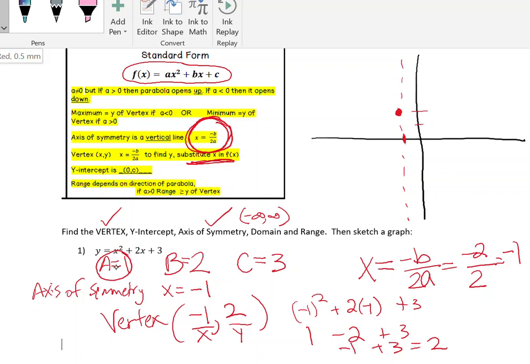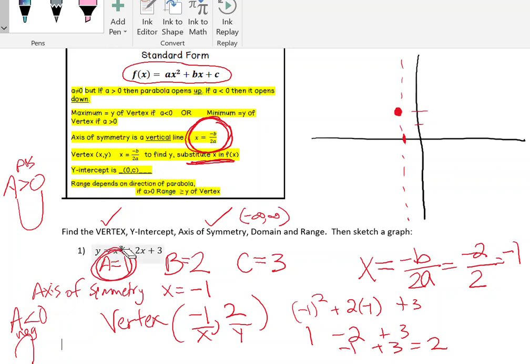If the a value is greater than 0, meaning a positive a, that means the parabola is going to open up. If the a value is less than 0, or a negative number, then the parabola opens down. So we know our vertex is negative 1, 2. And we know that our parabola opens up because we have a positive a value.